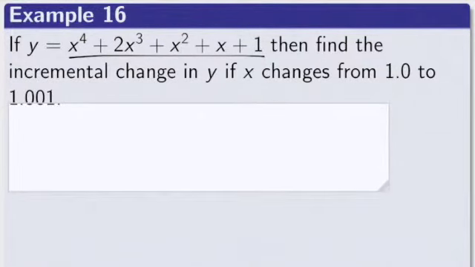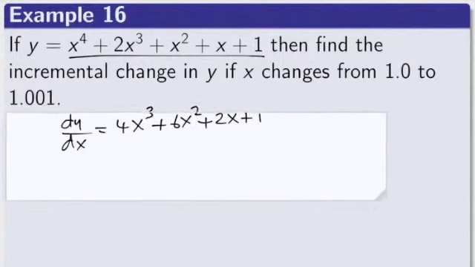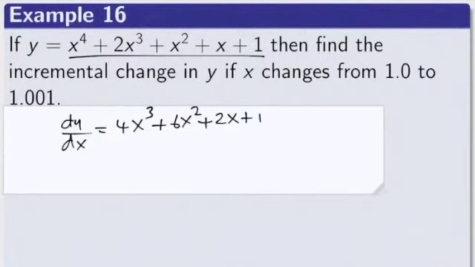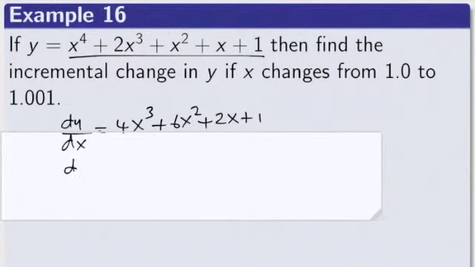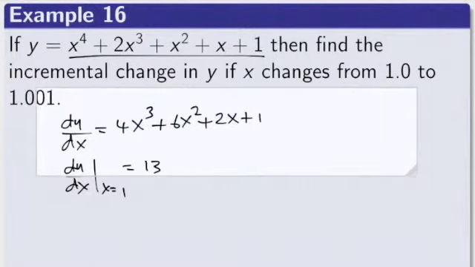So we'll start with finding dy dx. dy dx is equal to 4x cubed plus 6x squared plus 2x plus 1. So if we evaluate dy dx at x equal to 1, we will obtain the answer of 13 by substituting x equal to 1 in this expression.